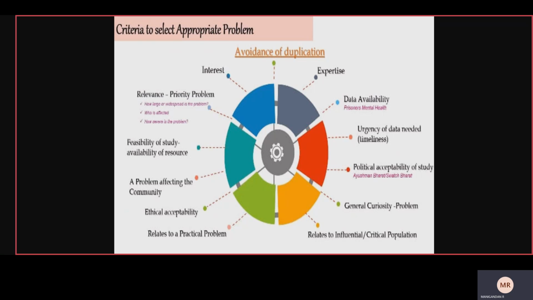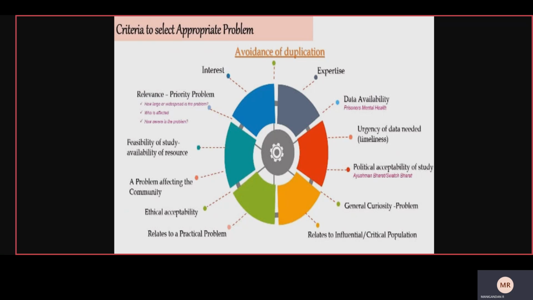Yes, every institution has some accessibility to download papers from Scopus journals. And the problem affecting the community: what is the problem? You need to select that research topic. And ethical acceptability means you need to follow some ethical guidelines in that research.